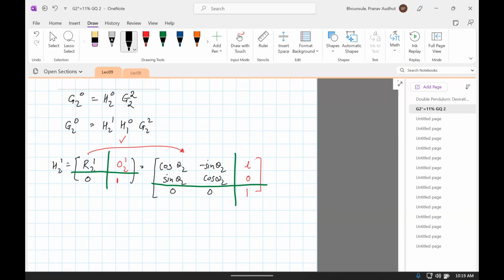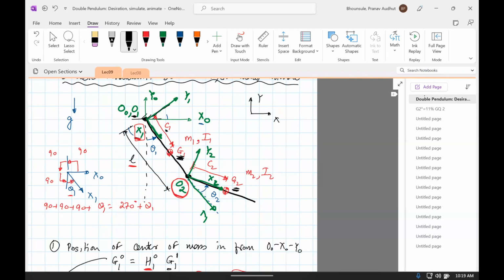Okay, the last thing left is to compute G2 in frame 2. So again, go back. We have G2 in frame 2. So it will be in this frame. Since G2 is along the X2 axis, its location is C2 along the X-axis in frame 2.